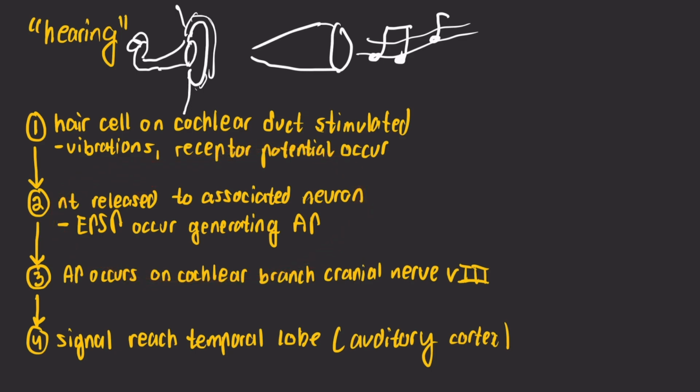Here's a cell, and here's a neuron. Here are the neurotransmitters being sent there. An excitatory postsynaptic potential will occur, producing this action potential. The action potential will occur on the cochlear branch of cranial nerve 8.